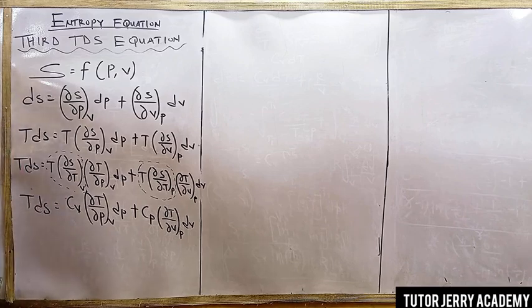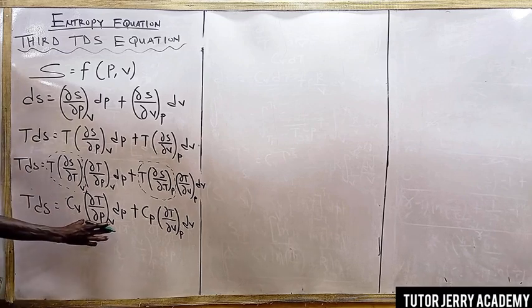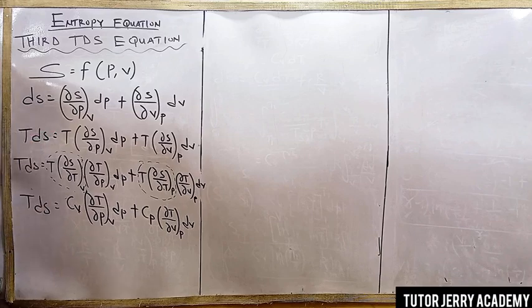The next thing we'll be looking at is this equation. We will take this as the subject of the formula, from the cyclic relation. You still recall your cyclic relation?